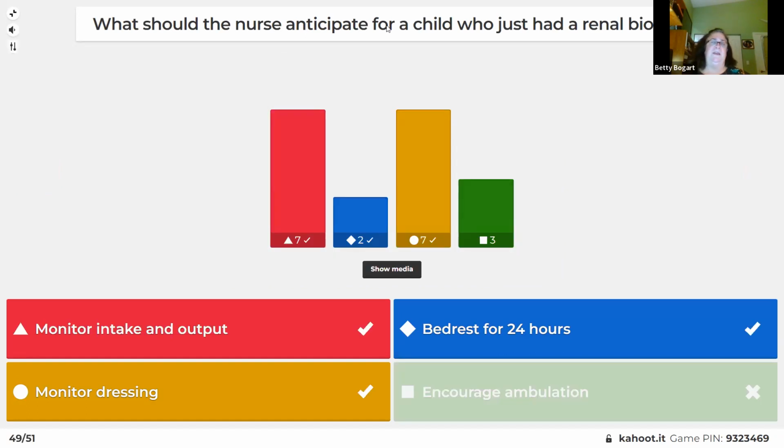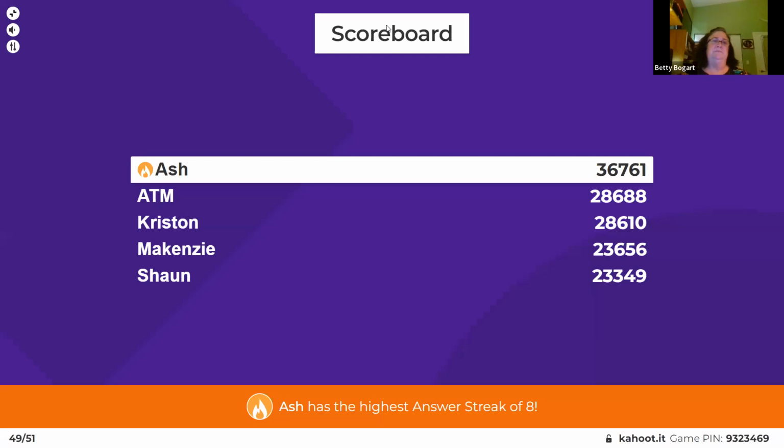I always say it's so close to cardiac cath, the same things. We're going to monitor that dressing for sure. Intake and output, because it's the kidney. We want to make sure they're still urinating, and this child will be in bed for 24 hours. Absolutely not out of bed, because we don't want that kidney to start urinating inside the body or oozing urine on the outside.